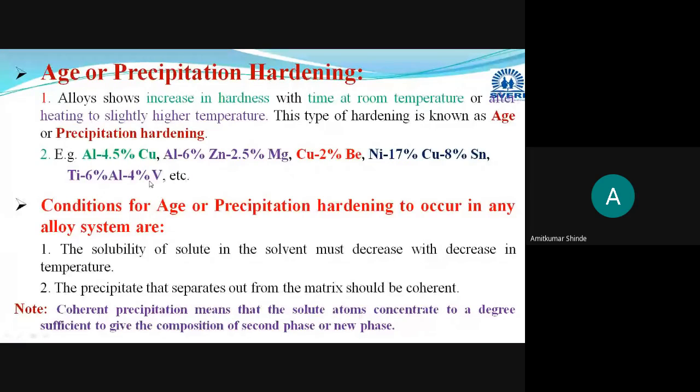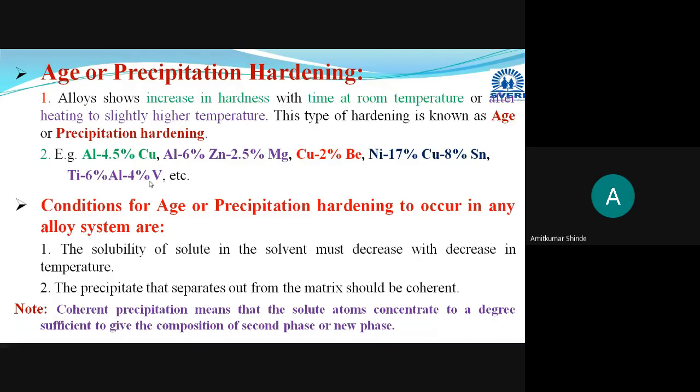These are some examples. Now, after discussing what exactly age hardening is, we will move towards the conditions that must be satisfied by a particular alloy system to show the age hardening process or precipitation hardening process. There are two conditions.